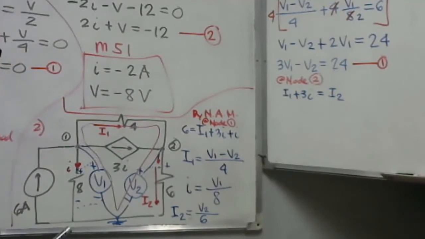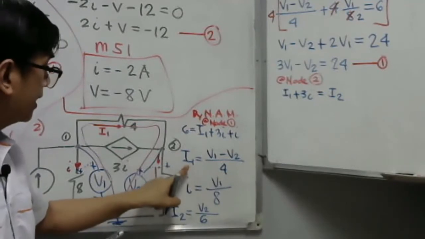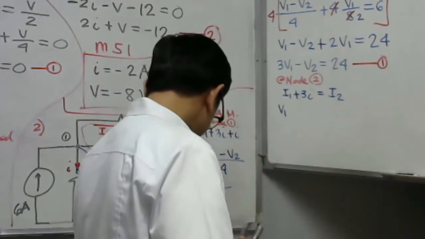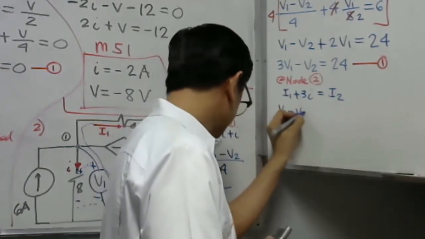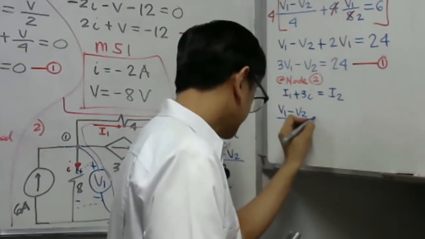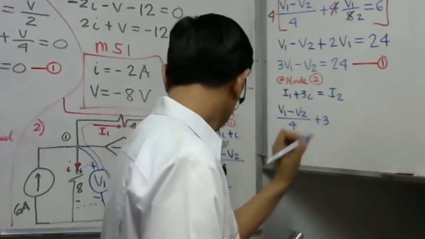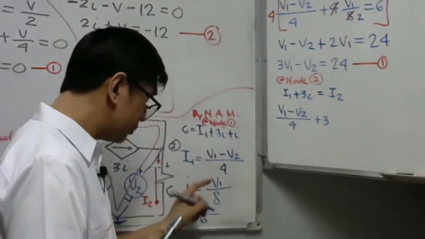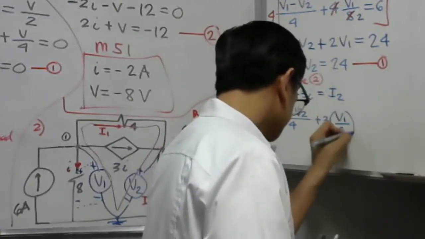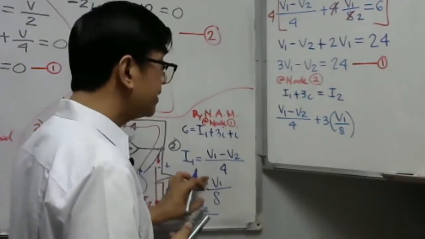Wherein our I sub 1, we already have the equation for I sub 1. Our I sub 1 is V1 minus B sub 2 all over 4 plus 3I, wherein our I is simply B1 over 8.